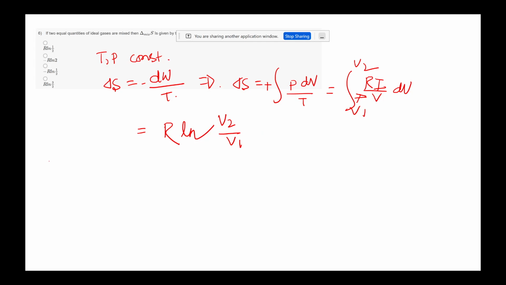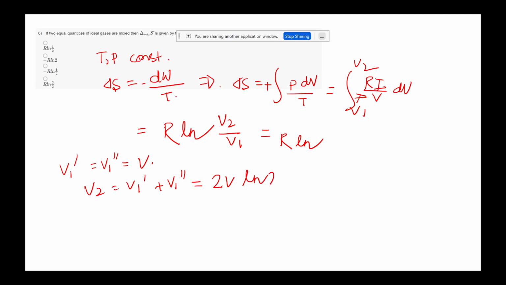So if equal quantities are mixed, then V1 prime and V1 double prime will each be V, and V2 will be V1 prime plus V1 double prime, which is 2V.